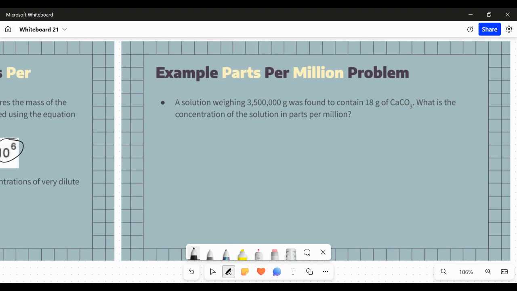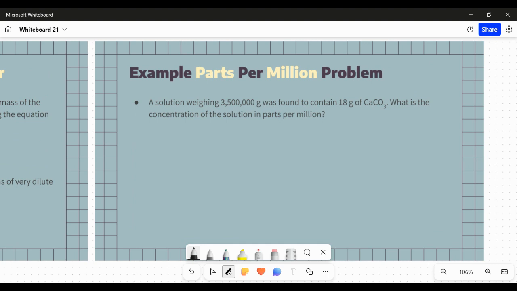So let's look at an example problem. A solution weighing 3,500,000 grams was found to contain 18 grams of calcium carbonate. What is the concentration of the solution in parts per million? So, our parts per million equation is grams of solute divided by grams of solution times 10 to the 6th power.